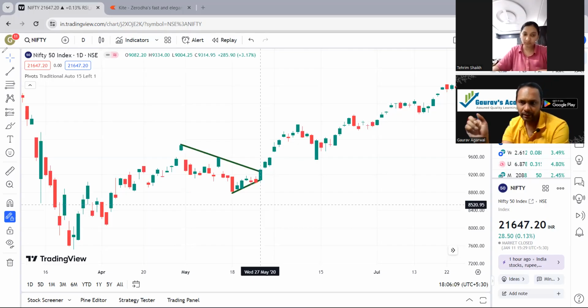So this is a symmetrical triangle. You can use these points to take the entry, stop loss and targets, right?